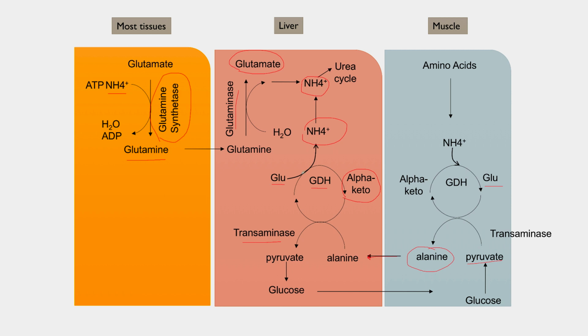This leaves us with glutamate and the remaining keto acid pyruvate. Again, pyruvate can enter directly into the TCA cycle or, through gluconeogenesis, be used to produce glucose, which is then shuttled back to the skeletal muscle in our alanine glucose cycle. So these are the major reactions of nitrogen transport and how they're coupled together to move nitrogen from peripheral tissues into the liver for nitrogen disposal.